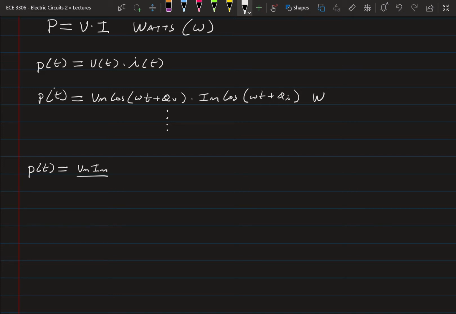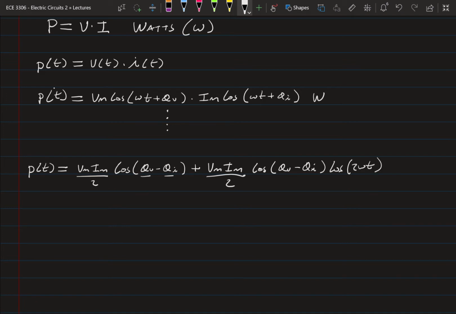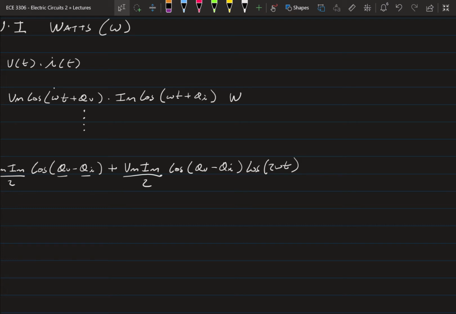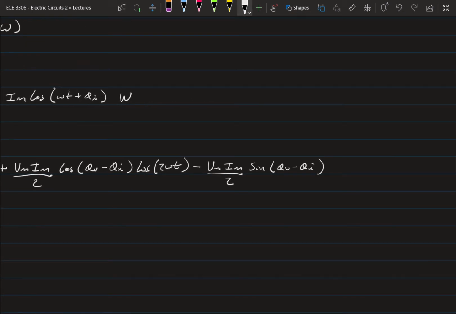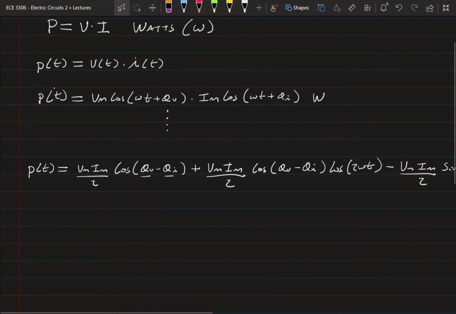Vm times Im over 2 times the cosine of theta v minus theta I, the phase angle of the voltage and the phase angle of the current, plus Vm Im over 2 times cosine theta v minus theta I, this time times the cosine of 2 omega t, and then minus Vm Im over 2 times the sine of theta v minus theta I times the sine of 2 omega t.